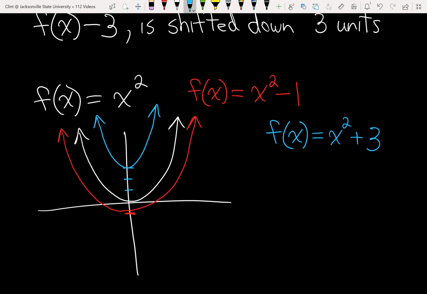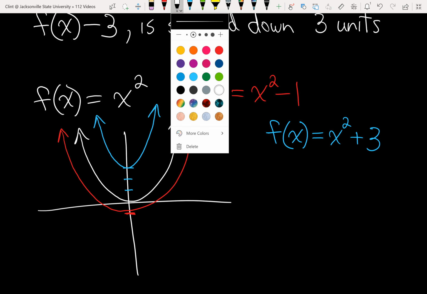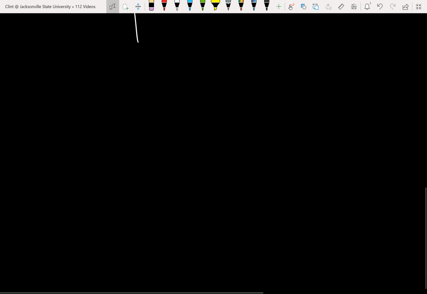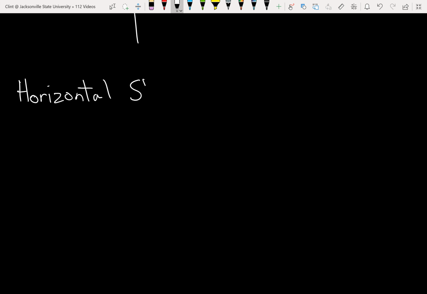Okay. The second way we can transform these functions is moving left and right. For those, we call them horizontal shifts. And to me at least, it might not be this way to you, but to me at least, we're going to start with f of x again.